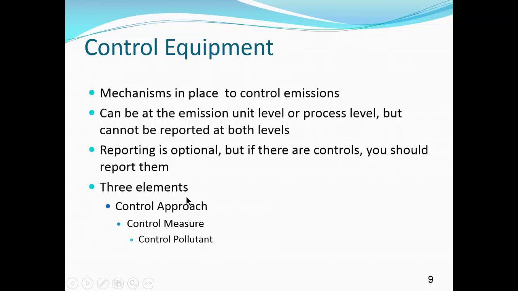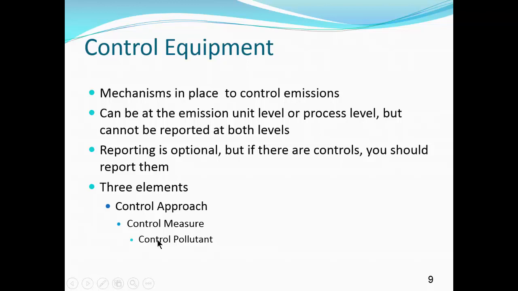So you have three elements to control equipment. You have control approach. For a baghouse, that's a filter. Basically, that's the approach: we're going to filter this stuff out. You've got a control measure, which is so non-intuitive because it doesn't mean you're measuring something. It means our action, our act. Like the measure we're taking is we're going to put this giant filter over the hole that this stuff comes out of.